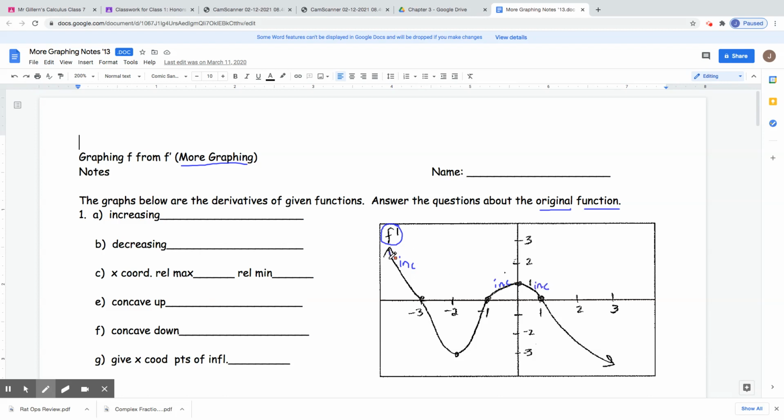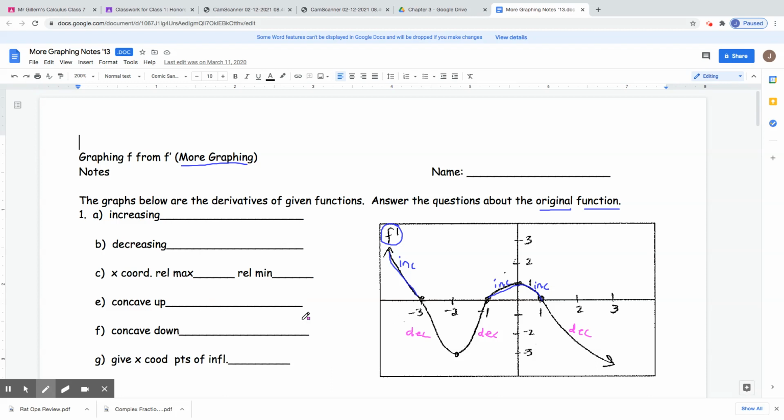This part of the graph right here is going to be increasing. Everything below means its y value is negative. That means the first derivative is negative, which means the original is decreasing. You could fill in these intervals in a second, but I'm just going to mark up the graph first, and then we're going to answer the questions.